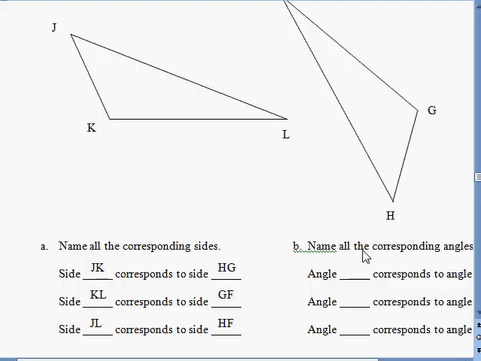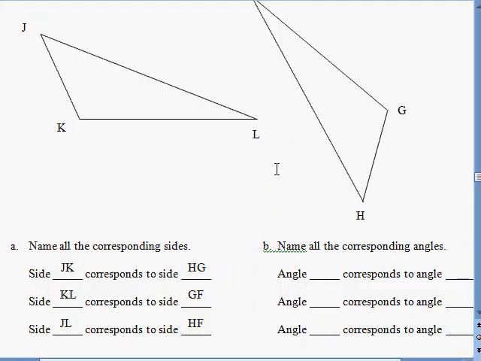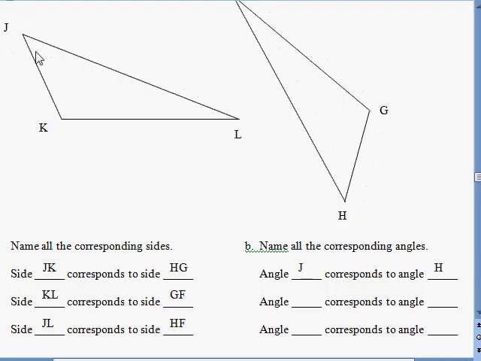Now we want to switch over to name all the corresponding angles. Same thing, we're looking at the same two shapes, and we need to match up the correct angles. Angle J corresponds to angle H. Angle K, which is the only obtuse angle, corresponds to angle G, which is the only obtuse angle here.